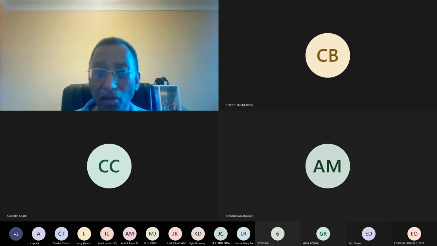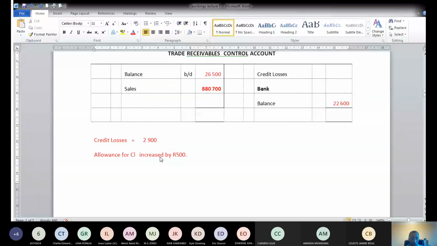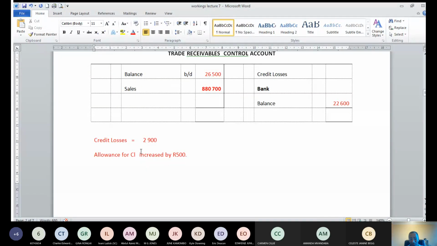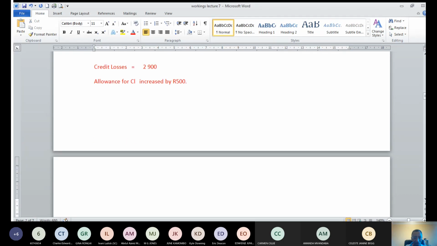So now we go back to our statement of profit and loss and other comprehensive income. And in your statement of profit and loss and other comprehensive income, you need to understand that your credit losses expense of 2,900 consists actually of two items.